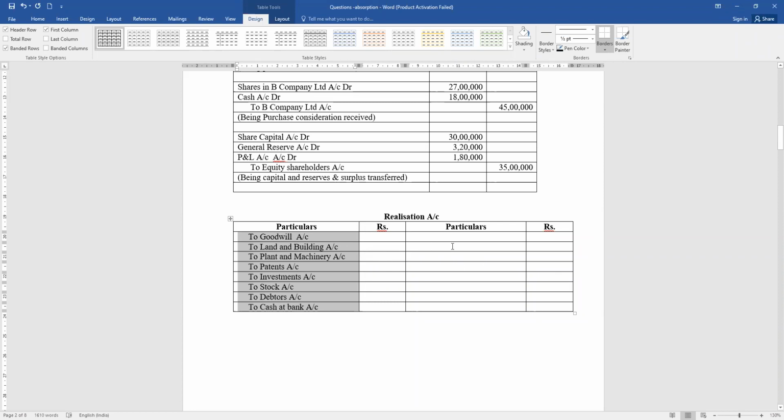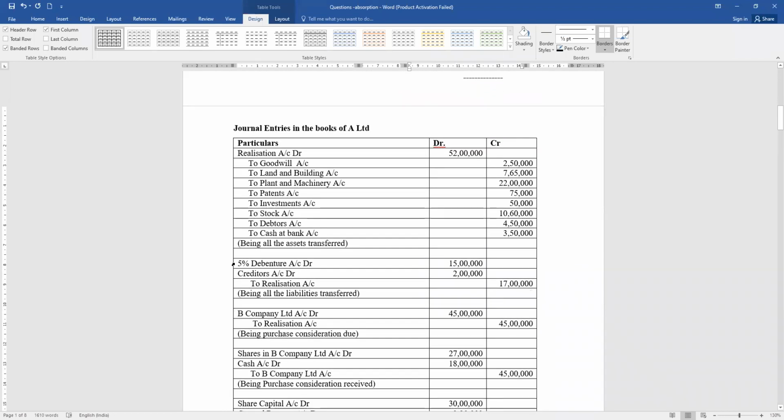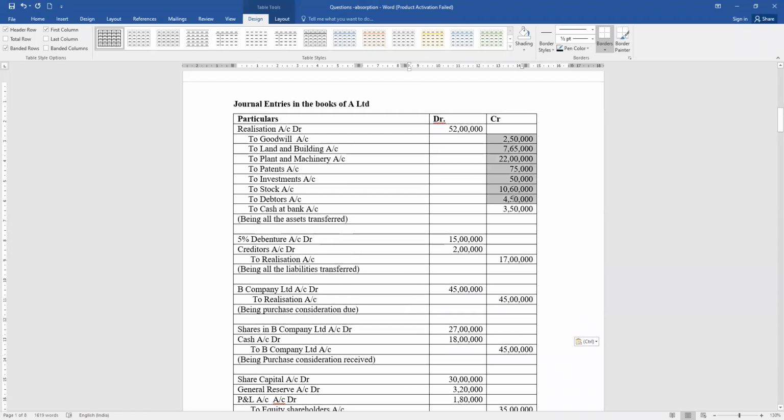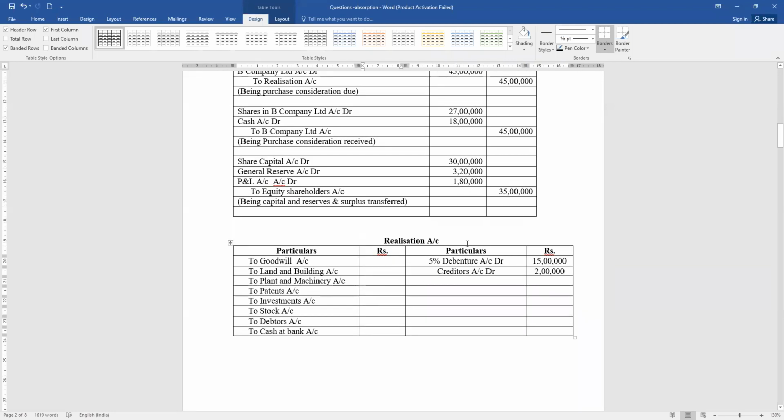That's it. In this problem, only 3 steps will be there. Assets, liabilities. We are going to transfer all the liabilities. So these 2 liabilities are there. Sorry, I forgot to transfer the amounts. So all the assets you have transferred. All the liabilities we have to transfer.